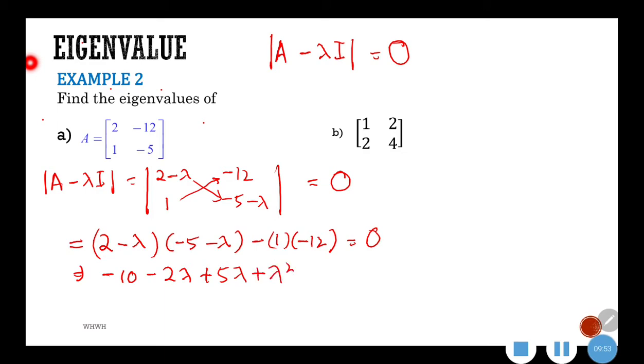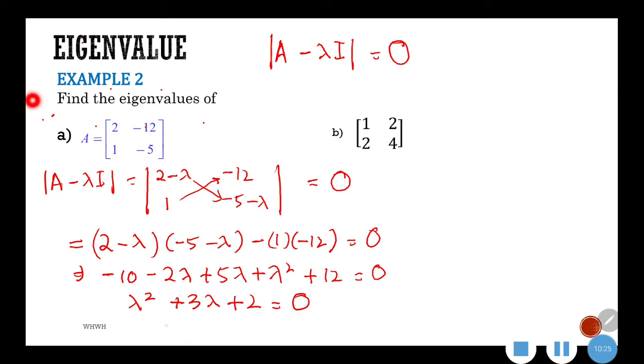Okay, is this correct? Minus 10, minus 2 lambda, plus 5 lambda, plus lambda square, plus 12 equals to 0. So what you will have here is lambda square, negative 2 lambda plus 5 lambda, you will get plus 3 lambda, and 12 minus 10, you will get plus 2 equals to 0. So, can you factor this? It becomes an algebraic expression.